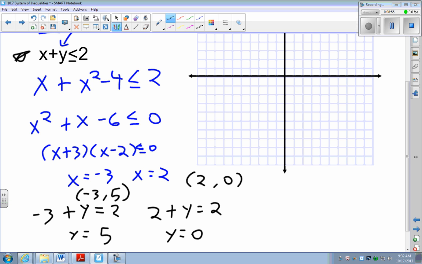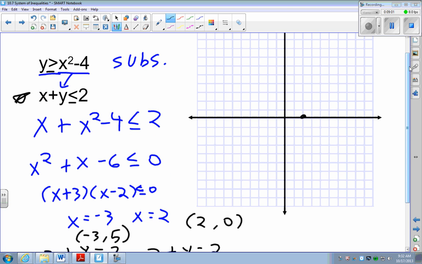Now let's go ahead and graph those points. 2, comma 0 is right here. Negative 3, comma 5 is right here. Okay, so now let's set this line right here to be, or set y by itself. All right, now let's graph them.